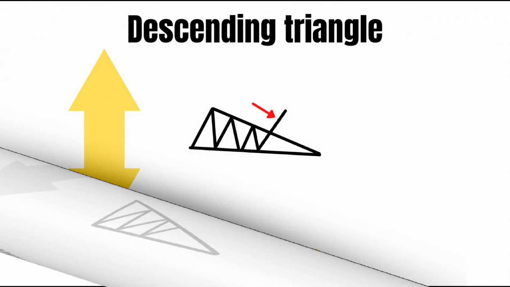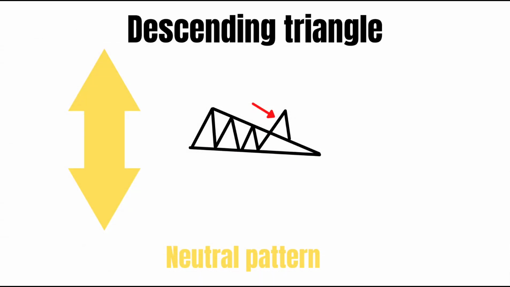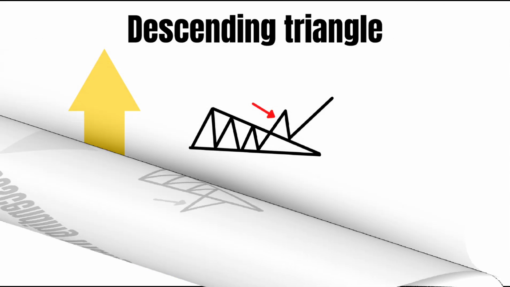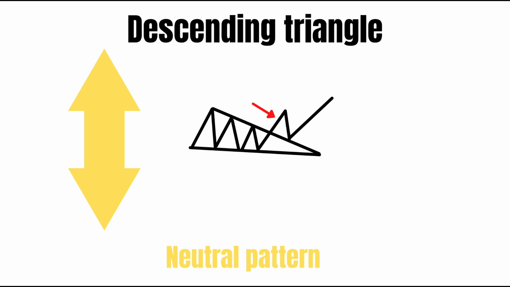If it breaks to the upside, the stop should be below the lower horizontal line, and put a target that should be at least 3 times as big. If price breaks the pattern to the downside, the stop should be above the confirmed supply zone. Put the target at least 3 times as big.